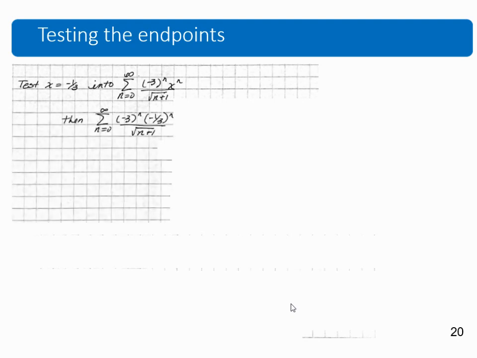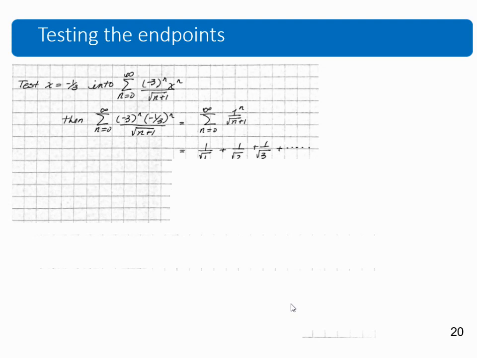And when you do that, you're going to have this expression, which then can be simplified when you put the -3 to the n power multiplied by -1/3 to the n power. You'll get +1 to the n all over the square root of quantity n plus 1. And so now, if you expand that, you can see that it is just a p-series, which I rewrote the sum to be at n equal to 1 to infinity of 1 over square root of n.